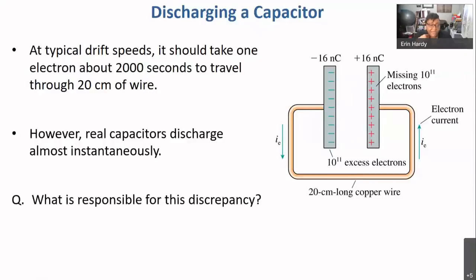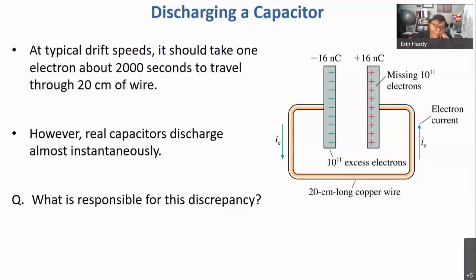If the length of the wire segment is 20 centimeters, which is pretty modest, this should take about 2,000 seconds. That is somewhere between half an hour and an hour: 2,000 over 3,600, so about 33 minutes or so.